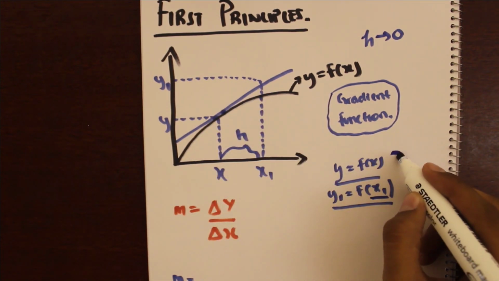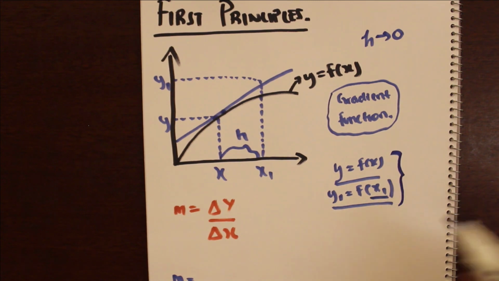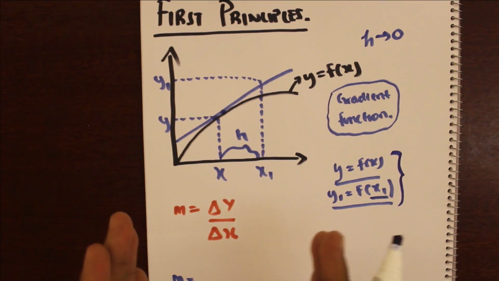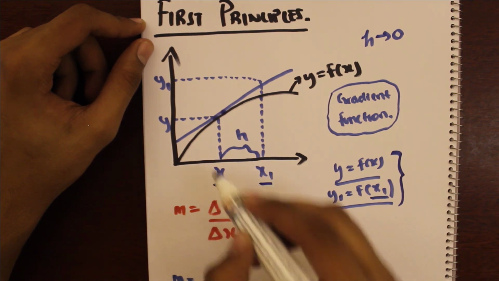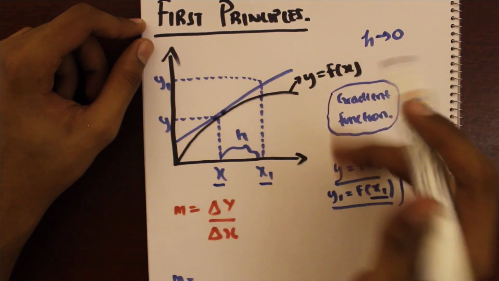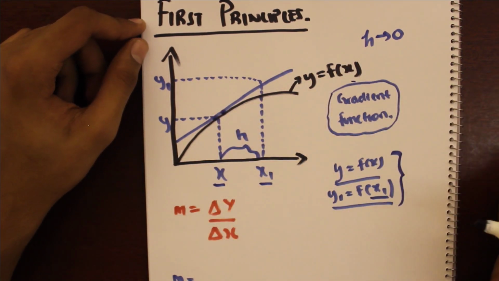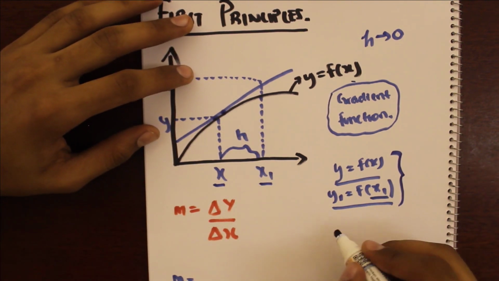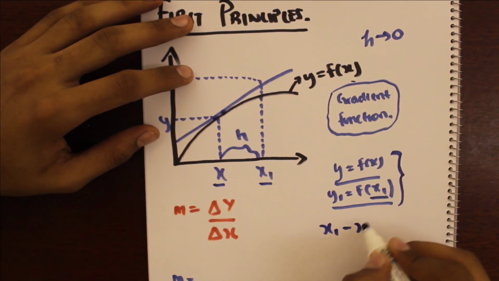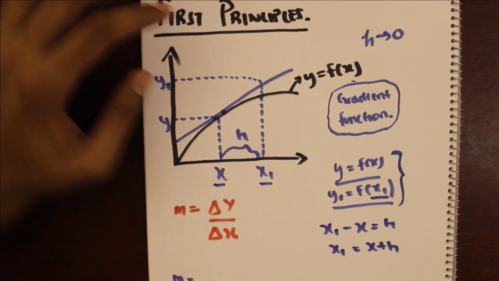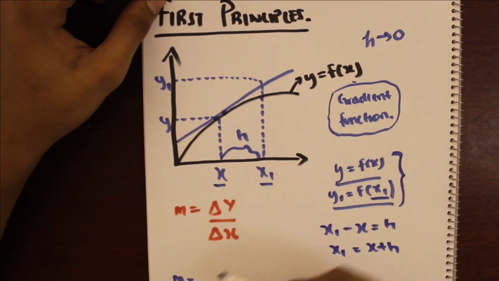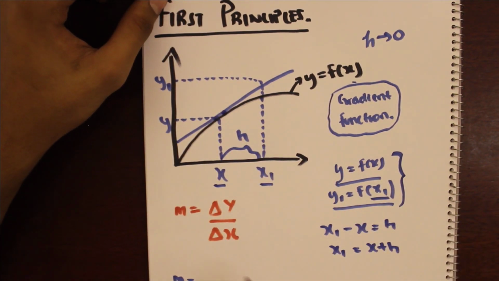But this would only hold true for one function. This is why h has to be very small, such that both points x1 and x lie on the same curve of y equals f of x. Furthermore, we know that x1 minus x is equal to h, so x1 is equal to x plus h.